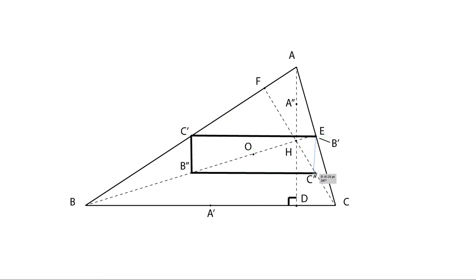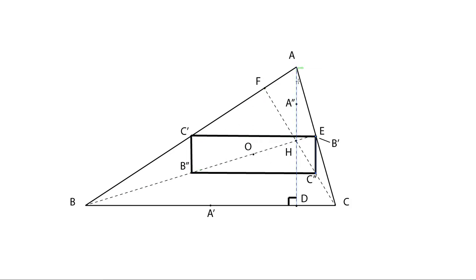But that's not all. If I look at the triangle AHB, C prime is halfway between A and B, B double prime is between B and H. That means that again we have BC prime B double prime similar to BAH, and so this line, C prime B double prime, is parallel and half the length of AH.